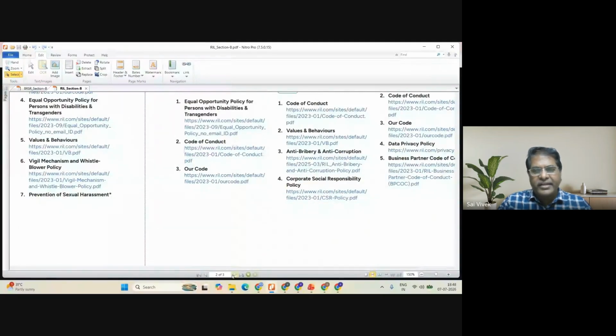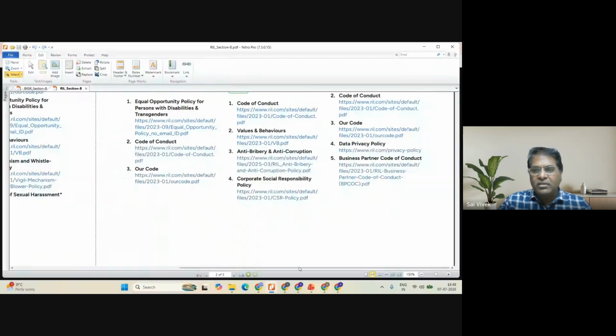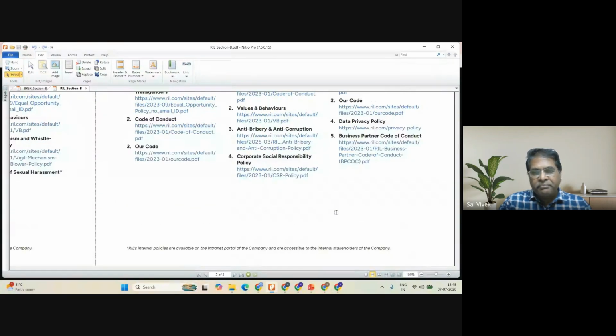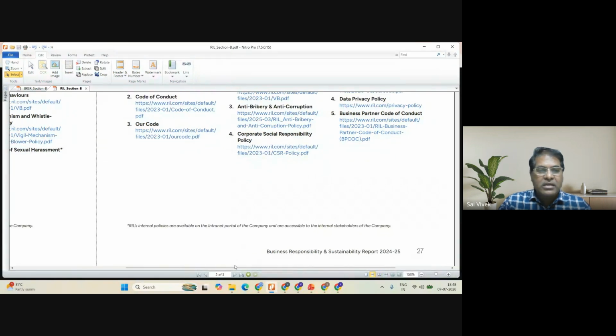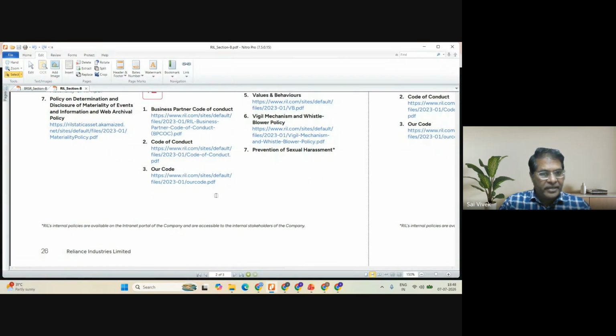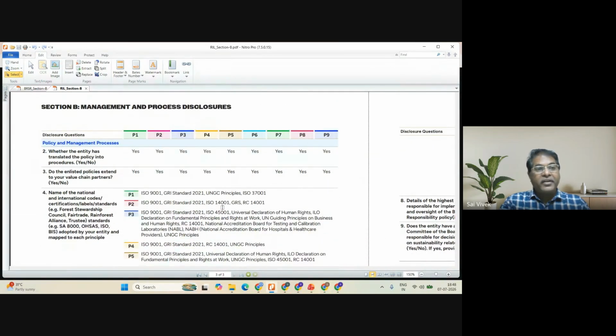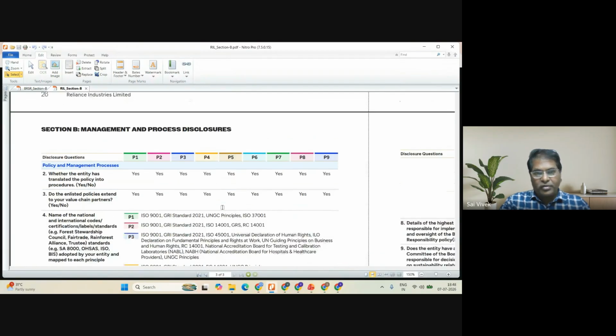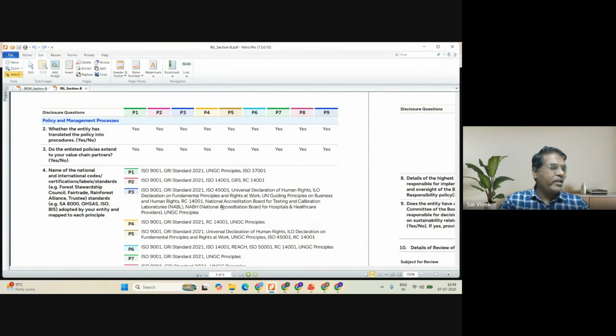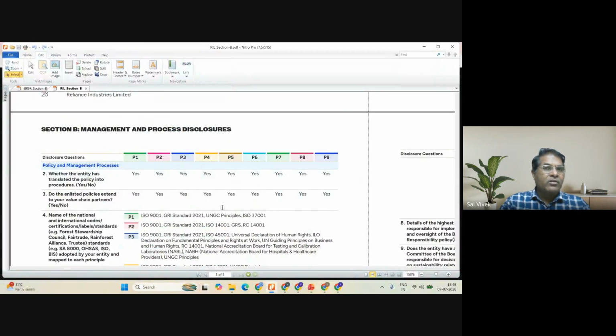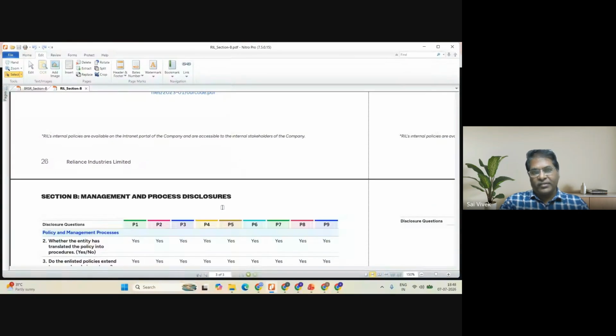So for each and everything, they have given links, and these links are to be provided. These links have to be prepared by each entity and industry. If it was not done, we are here. We have mastered this, we have seen this all, and we'll be able to help you all in formulating these policies as well.